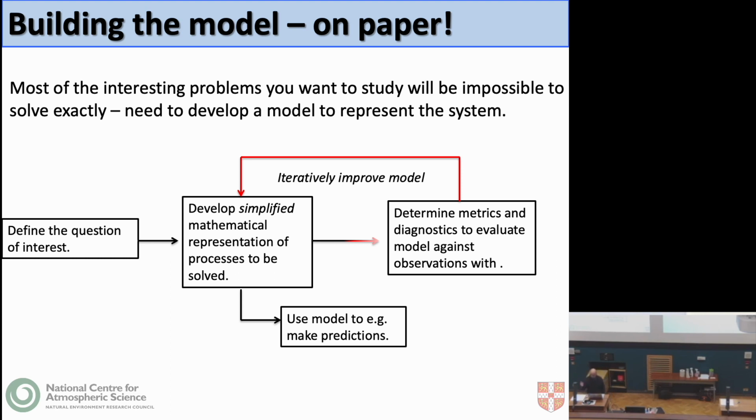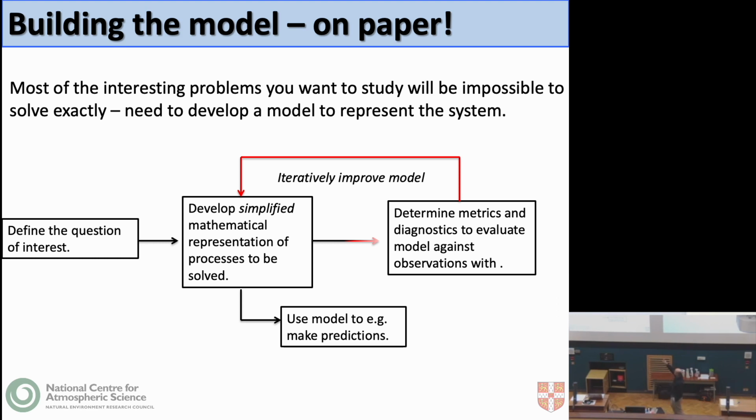Then we run the model, and we determine some metrics which allow us to diagnose and evaluate our model against some real data. Those could be observations or any other quantities that we think represent reality.